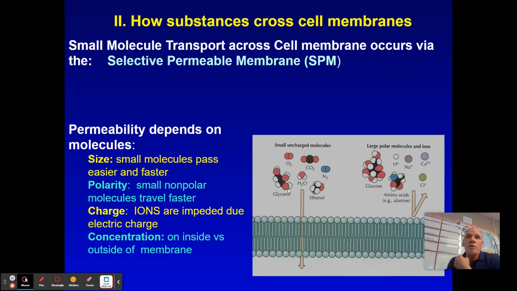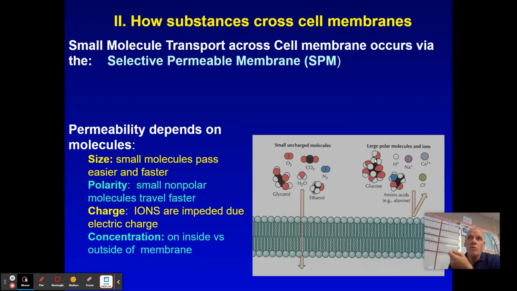But glycerol, which is a very lightly polar molecule, it's got slight polarity. Nitrogen gas, nonpolar. CO2, nonpolar. Oxygen, nonpolar. Ethanol, very slightly polar. Some of these three right here can diffuse, although very slowly, whereas these three can really rapidly move through the plasma membrane.